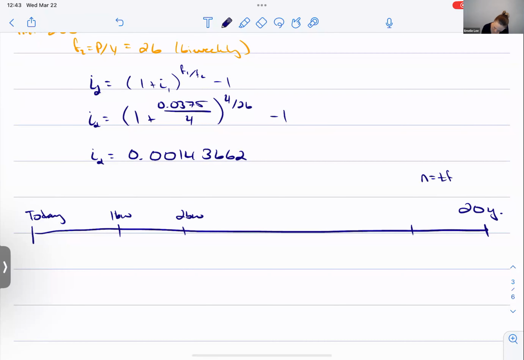N is time times F2, which is 20 times 26, which I have here is 520 biweekly.